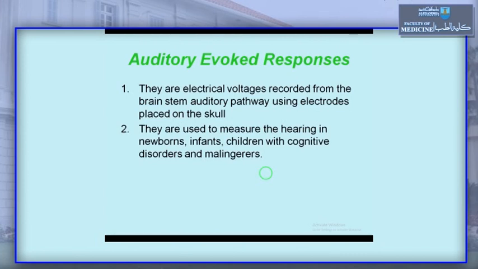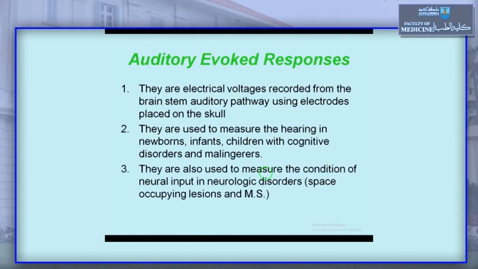The same thing with a mentally handicapped patient, the same thing with a malingerer, a patient who is faking hearing loss. You cannot obtain pure tone audiometry. So we resort to these auditory evoked responses. They are also used to measure the condition of the neural input in neurologic disorders like multiple sclerosis and space occupying lesions.